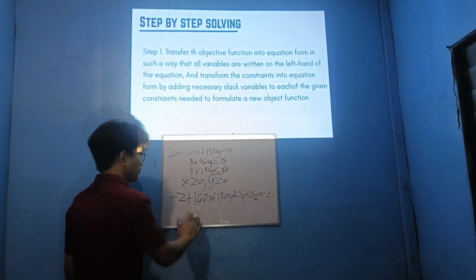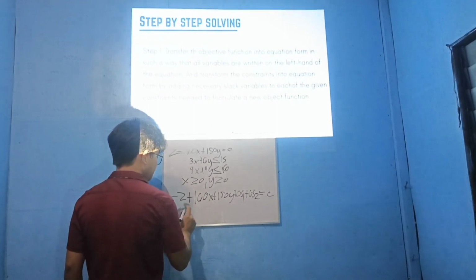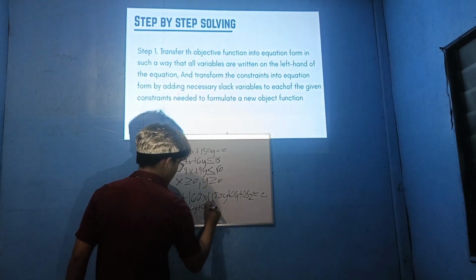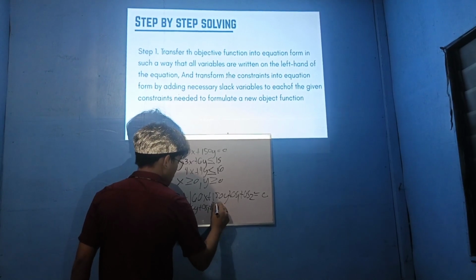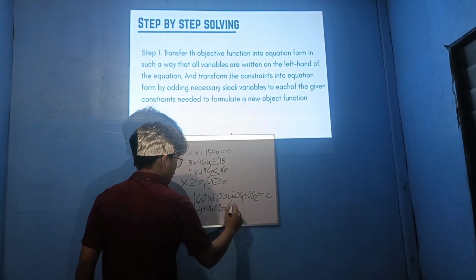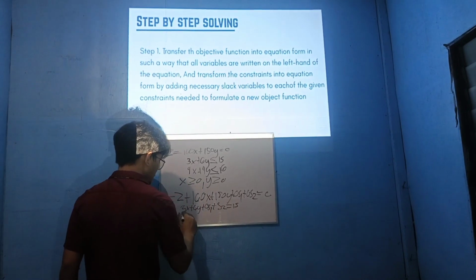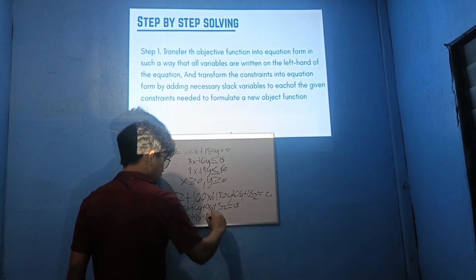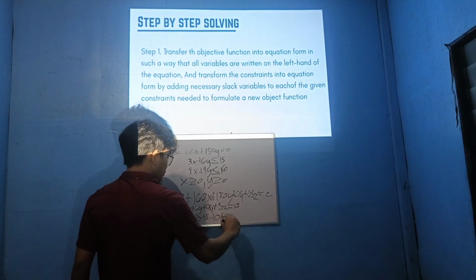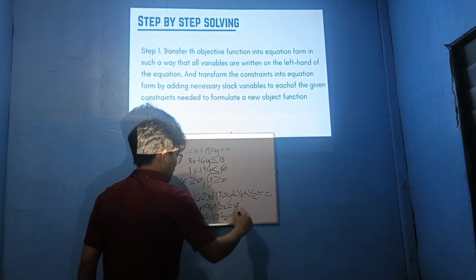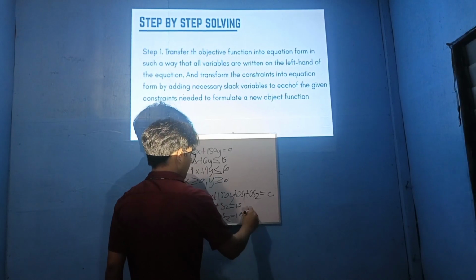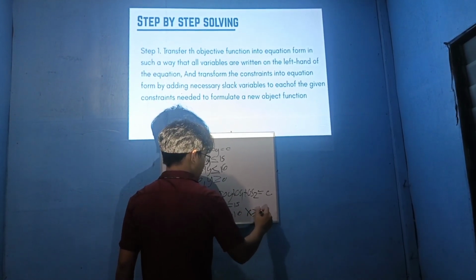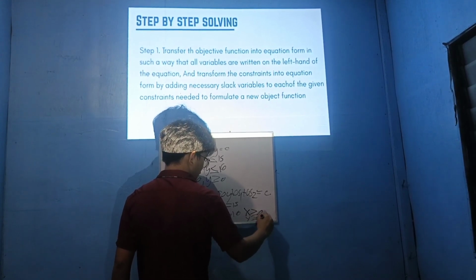And our constraints become 3x plus 6y plus slack variable 1 plus 0 times slack variable 2 equals 15, 4x plus 4y plus 0 times slack variable 1 plus slack variable 2 equals 16. And x and y remain as is, x greater than or equal to 0 and y greater than or equal to 0.